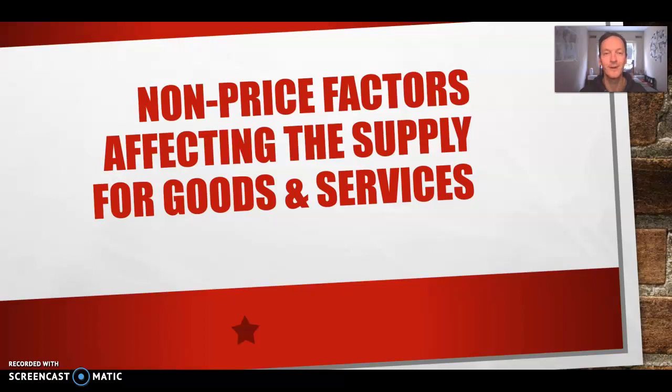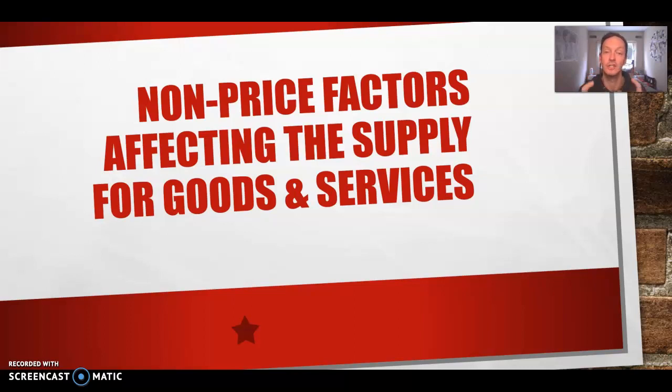And just like the demand one, you can probably guess all of these ones are actually going to cause that line to shift. Okay, so a movement along is when it's a change in price, but the whole line will shift when it's any other change. So those kind of rules are similar across demand and supply.